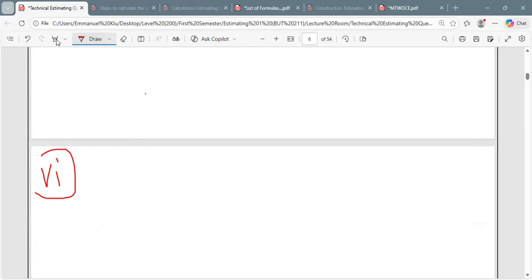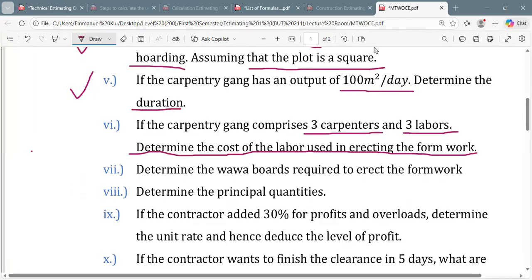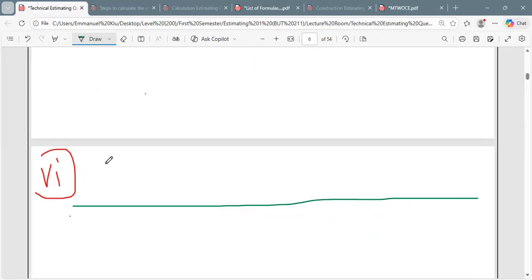So the VI says that we have to calculate the total cost of labor.